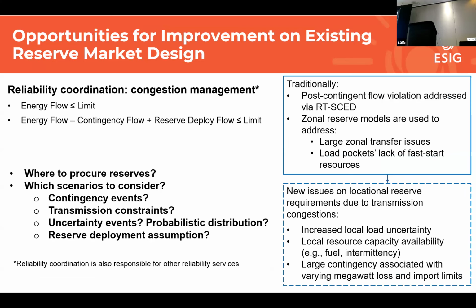That's an even more difficult problem. Like we mentioned, MISO has 15,000 monitored lines. You won't be able to identify the subset of transmission that can cause you problems. Also, post-contingency, you won't be able to transfer from outside. You need to carry enough locally. So that's also a very interesting and challenging problem.